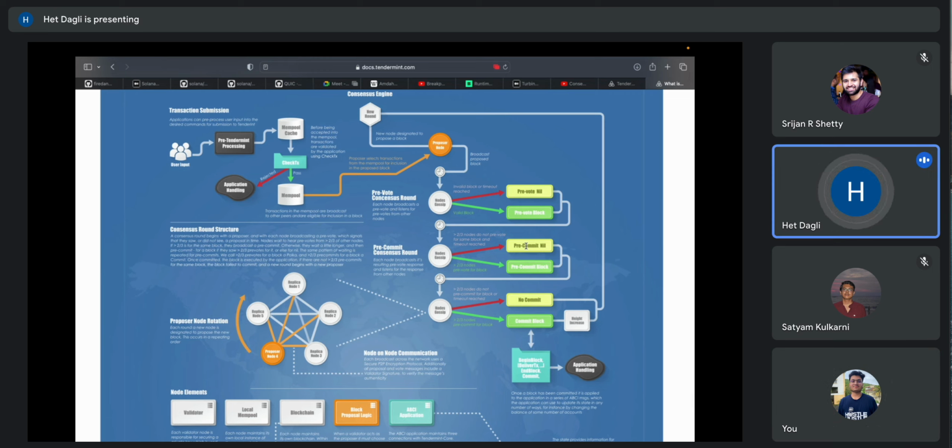Polygon is its own chain by its nature. I would say you can just stop the checkpointing and it can run as a Tendermint chain. We have so many Tendermint chains, right? So it does have checkpointing where it just periodically commits the state root to Ethereum, which is a very naive contract.